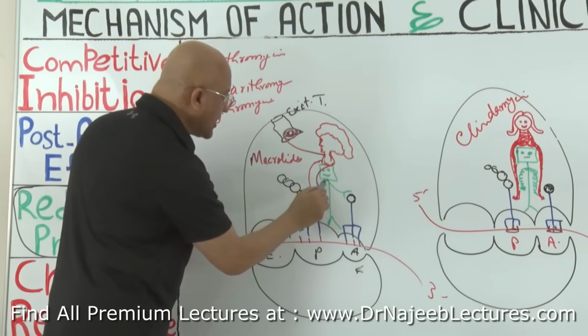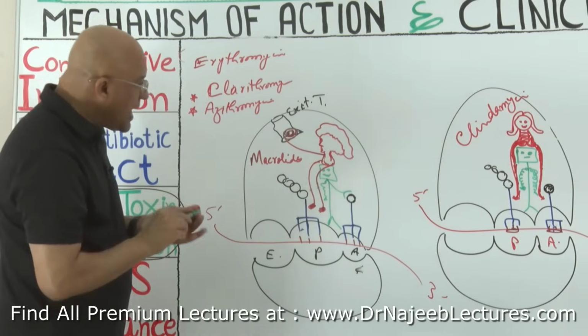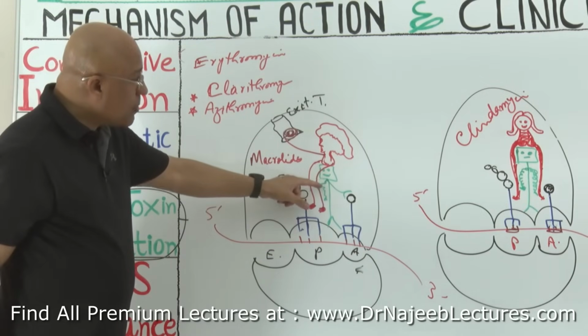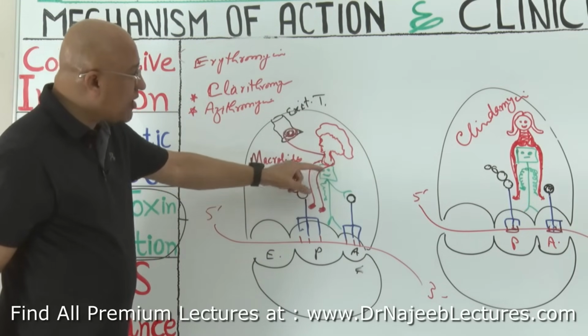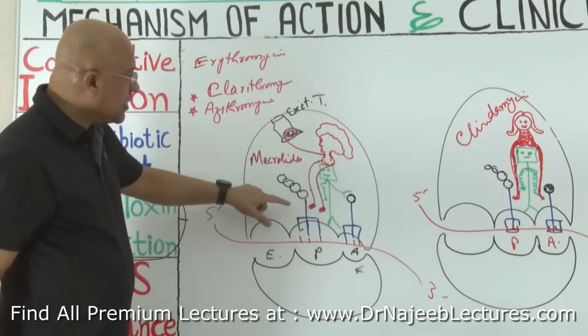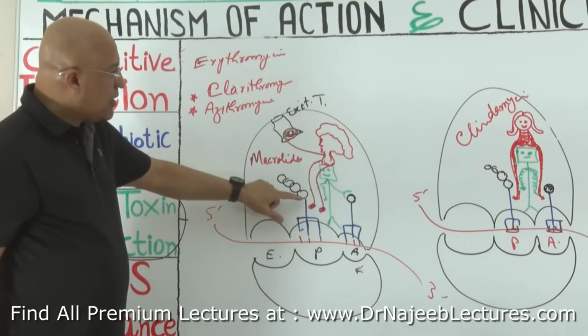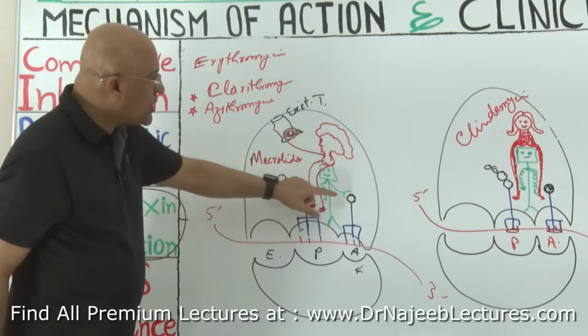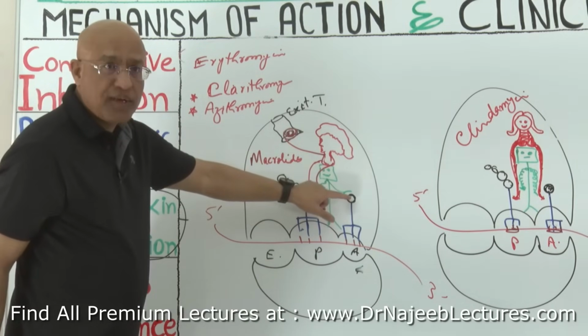So look, the common thing is, what will happen? This domain will especially not function, and if the P site domain of the peptidyl transferase is not functioning, then naturally, do you think this oligopeptide can be linked with the new amino acid?